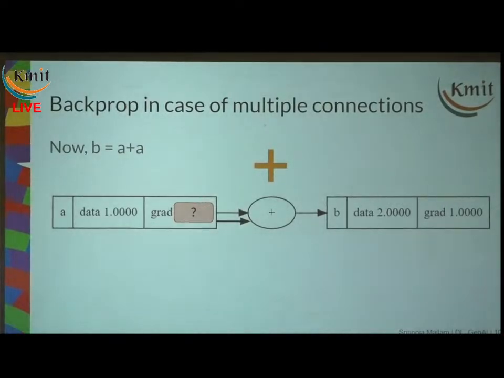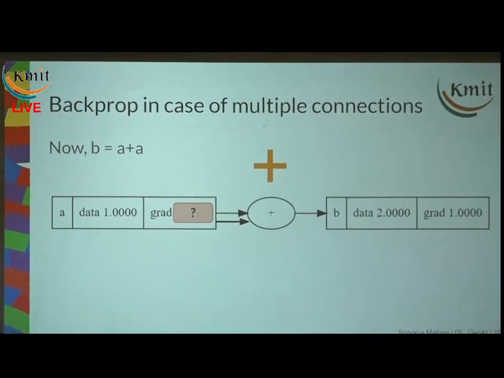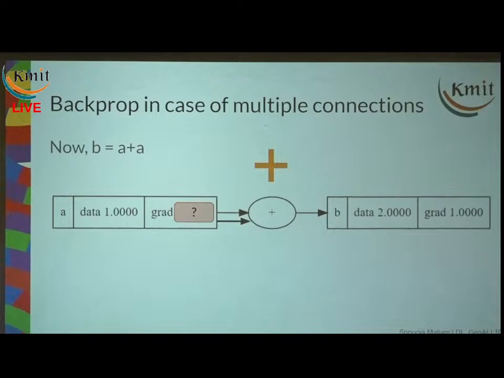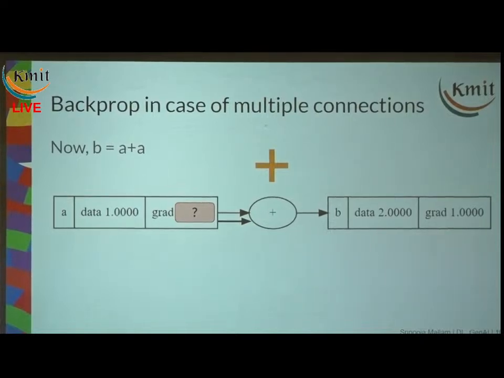So how many places are you calculating and assigning the gradients? There's only one place. Logically, there's only one place in your code where you're calculating and assigning the gradients for a plus operation. Correct or no?